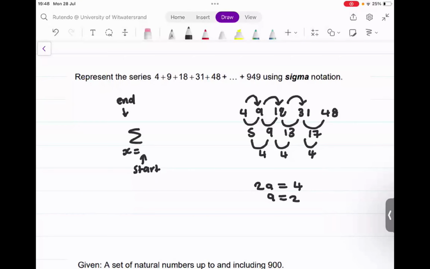Then we said 3a, what is it? 3a minus what? Minus 1 is equal to 5. So we can then say 3a is equal to 6. And so, oh, sorry, this is b. So that means, oh no, wait, 3a minus b, sorry.